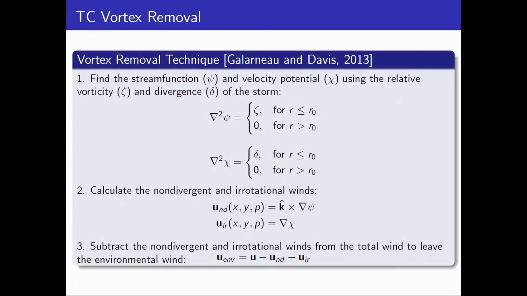To do this, we use the vorticity and divergence associated with the tropical cyclone to calculate the stream function and velocity potential using a Poisson solver. And from these, we can get the non-divergent and irrotational winds associated with the storm. So then if we take our original overall wind field and subtract the non-divergent and irrotational winds, we're left with what we call the environmental winds.